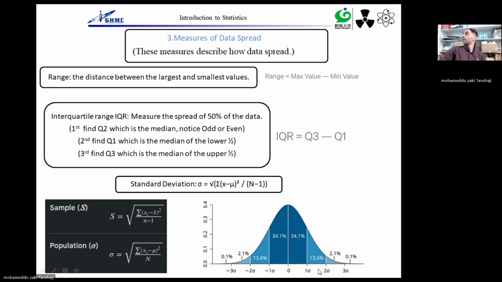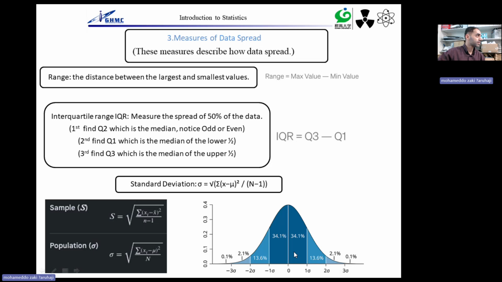Now the dot is telling me this value is not in this area. It's here, or here, or here, or somewhere here. So this is my whole range. The dot is a value out of range. If you see the dot inside, it means this value is inside the range.